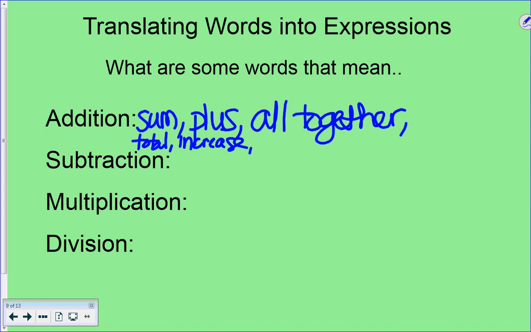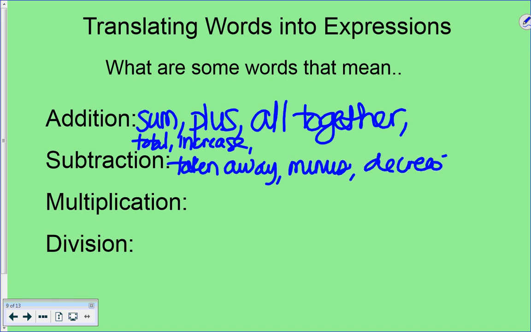Okay, so let's go to subtraction. Take away. Taken away. What else? Trinity: minus. Decrease. You're missing a big one. What's the answer called to a subtraction problem?